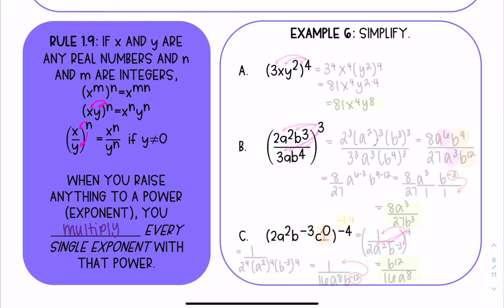So looking at example number 6, we have 3xy squared to the 4th. So every single piece is going to get a 4th power. And so we have 3 to the 4th, we have x to the 4th, and we have y squared to the 4th.